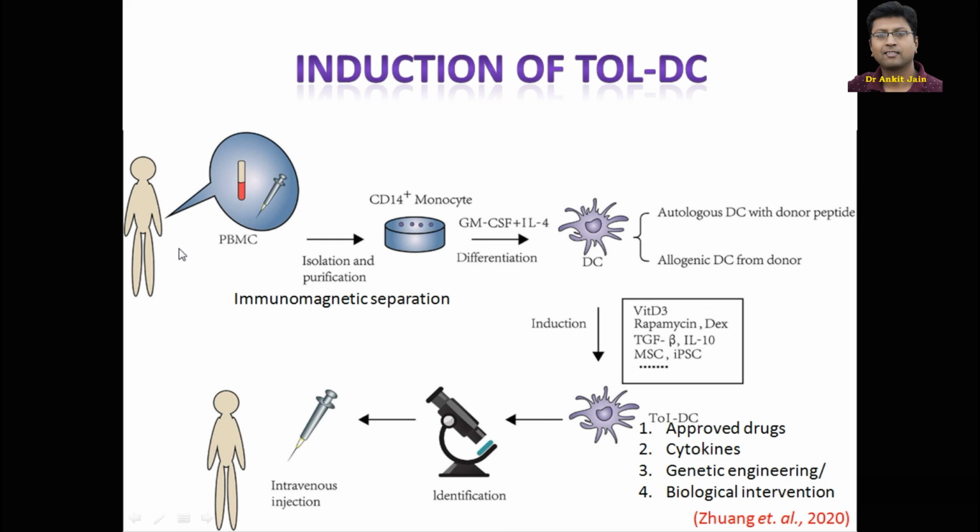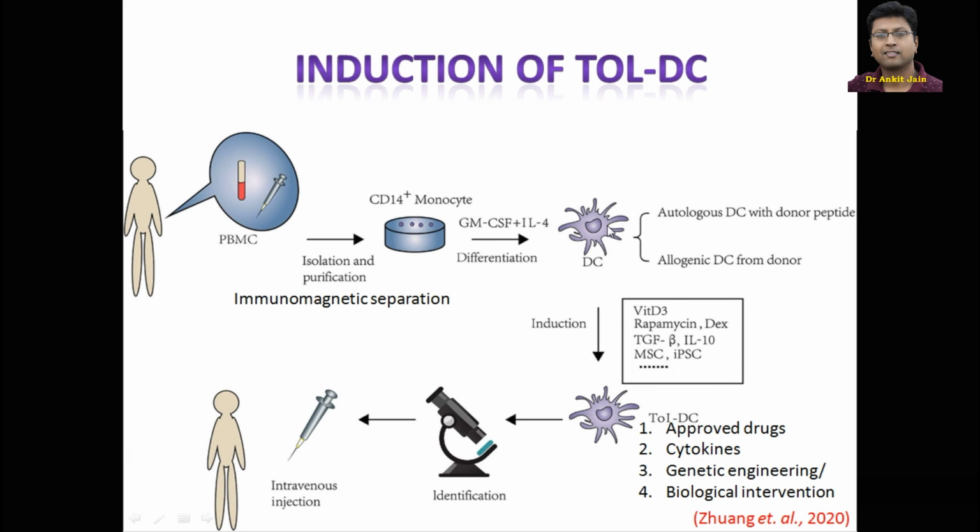So first we have to take the blood polymorphonuclear cells and monocytic cells, and in that the CD14 monocytes are separated with the help of immunomagnetic separation, and with the help of GM-CSF and interleukin 4, we will differentiate and activate the dendritic cell.